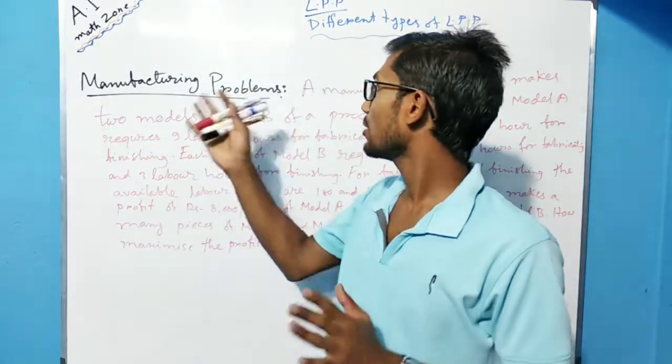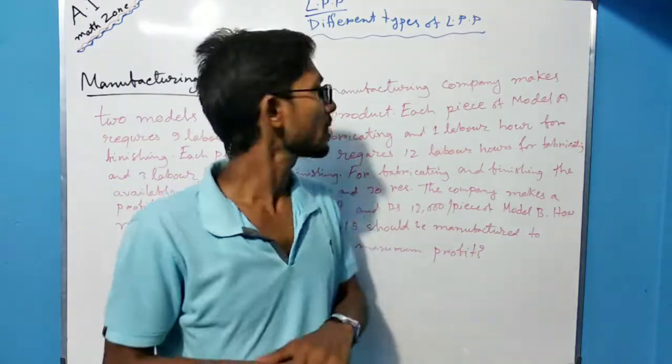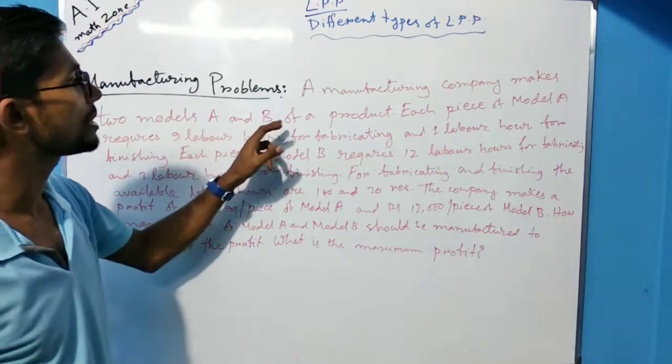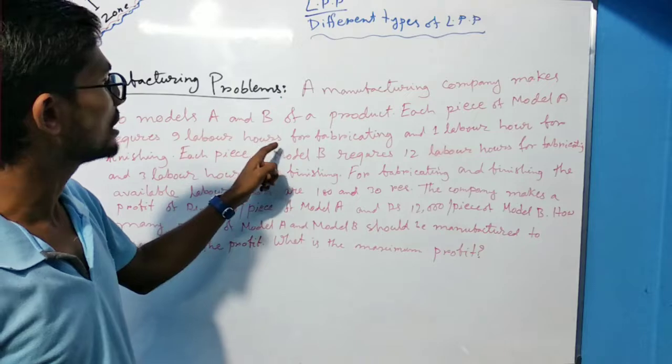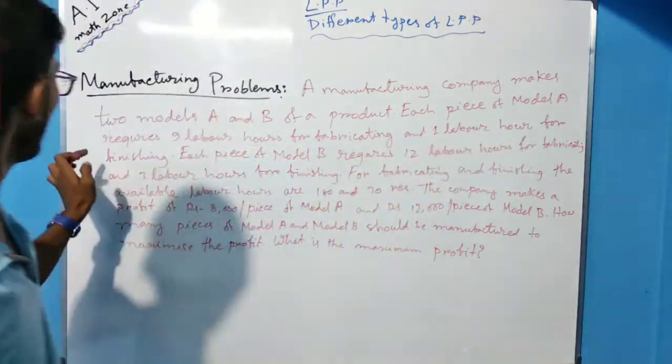The first one is the manufacturing problem, and here is a manufacturing problem we will solve using L.P.P. The question is: a manufacturing company makes two models A and B of a product. Each piece of model A requires 9 labor hours for fabricating and 1 labor hour for finishing.